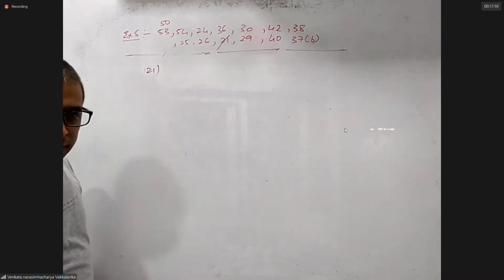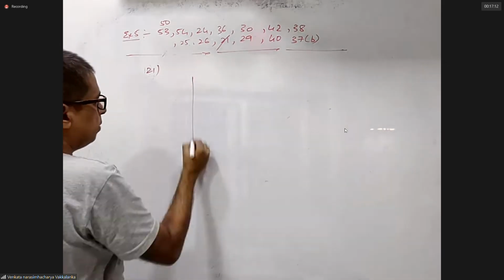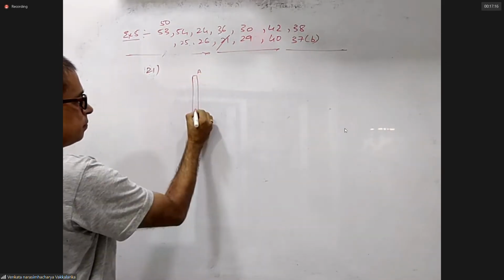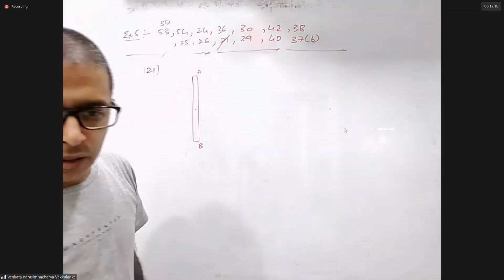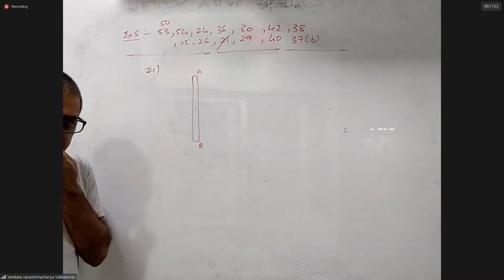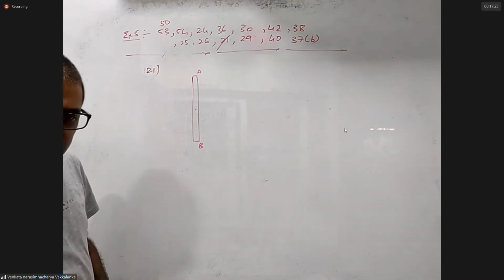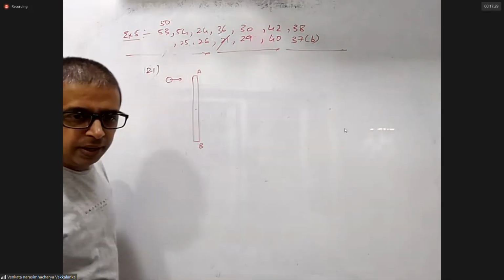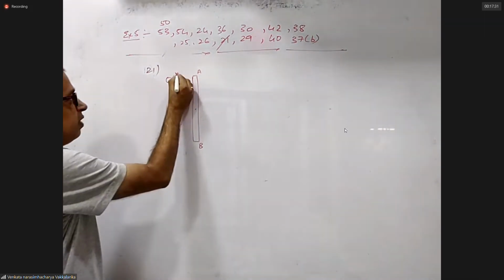21. A stationary rod AB. This is A and B. Of mass m on a smooth horizontal table is struck at one end A by a particle of the same mass moving in the same plane with a velocity v naught.